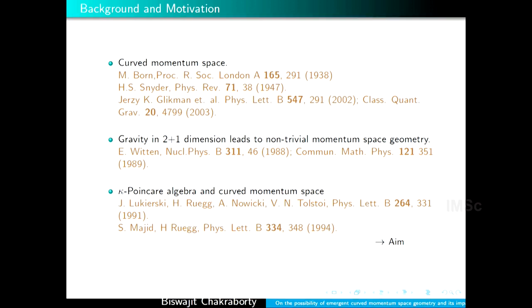Being a topological theory, when coupled to a relativistic point particle, one can show the momentum space indeed becomes curved. Here the Newton's constant has the dimension of the reciprocal of the energy scale. So here you don't have to take any limit or things like that, but in 3+1 dimension you have to take the limit to come to that regime. So these are some of the references.